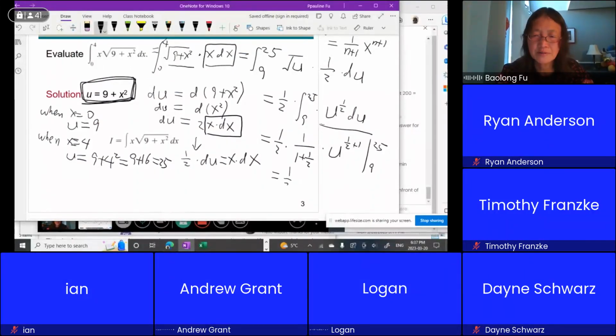Keep on going. So 1 plus 1/2 is 3/2 times u, 3/2 with a vertical bar.